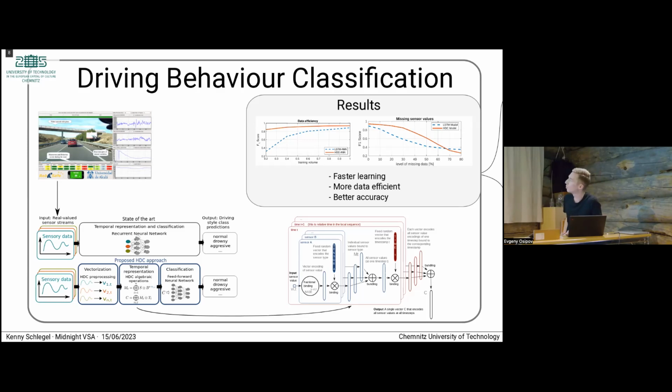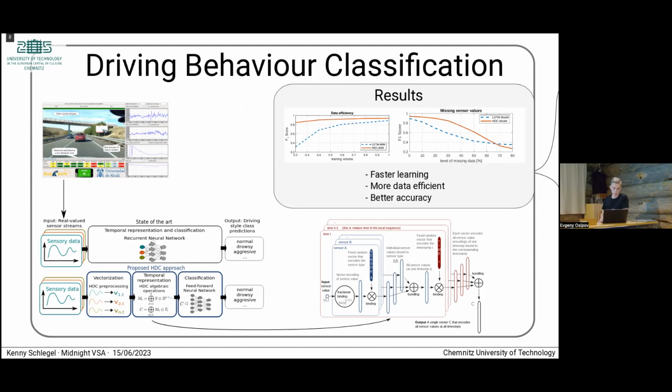I get it's a little bit tiny, but there we plotted the dependency on the amount of training data. So the HDC approach needs less data than the LSTM, and it's more robust against noise on the right side. We did experiments with some missing sensor values. It was the very first application where we just tried to incorporate HDC for encoding the temporal order.